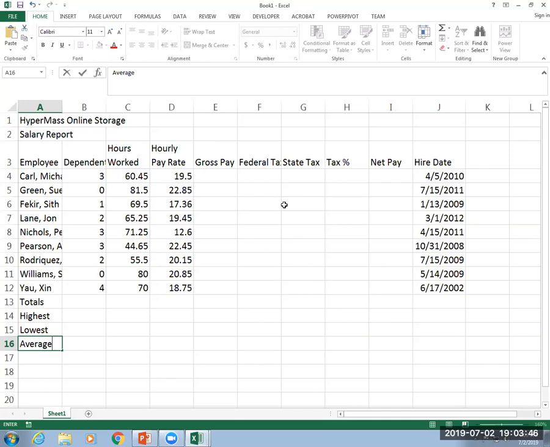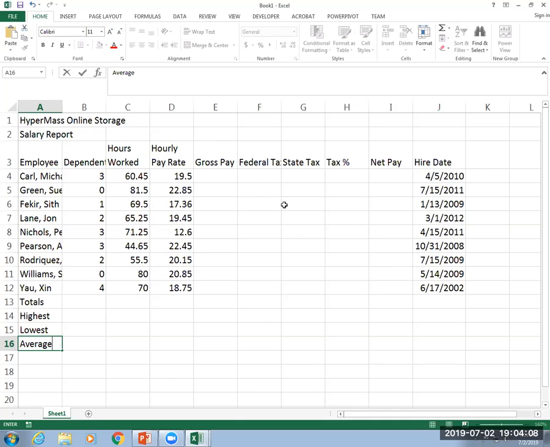All right, so the next thing that we're going to do is put in some calculations. Because one of the things that is really great about Excel is that you don't have to, and in fact, you should not enter in most of the data. Mostly, you should use Excel to do the calculations for you.